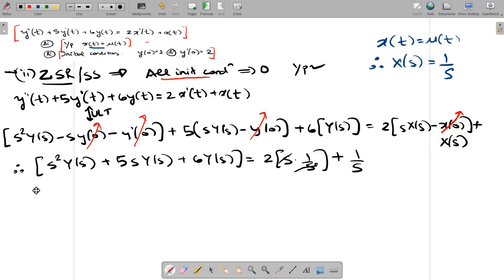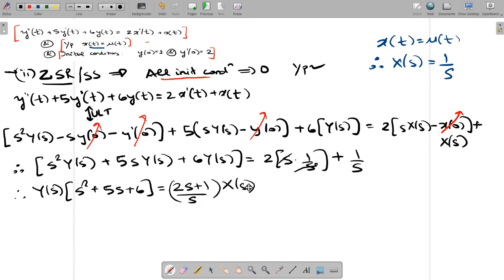So what remains over here is y of s times s squared plus 5s plus 6 is equal to 2s plus 1 upon s.